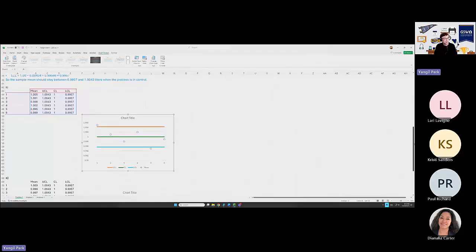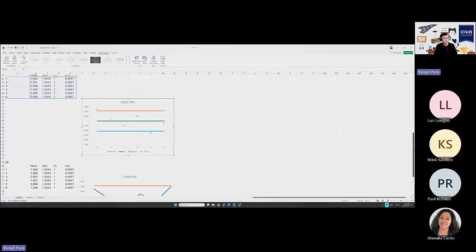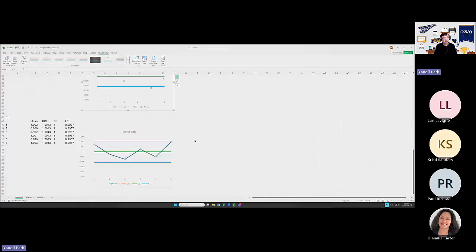So that's the first set. And for the second set, we have all that UCL, LCL, then put it into the plot.